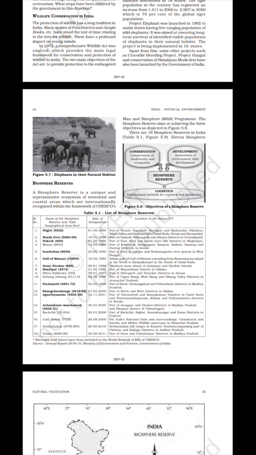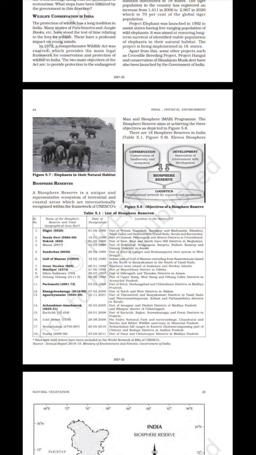Sunderban, 9630. 29/3/1989, part of delta of Ganges and Brahmaputra river system in West Bengal. Gulf of Mannar, 10,500. 18/2/1989, Indian part of Gulf of Mannar extending from Rameshwaram Islands in the north to Kanyakumari in the south of Tamil Nadu.